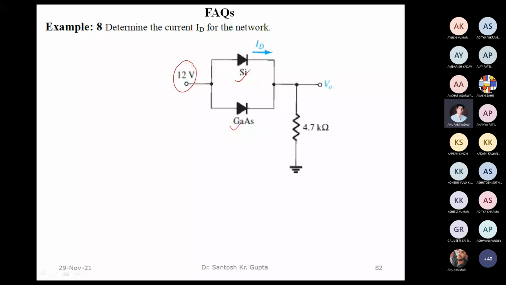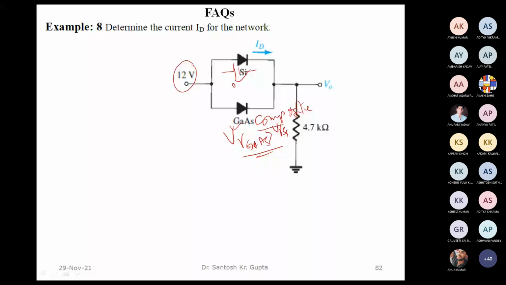Gallium arsenide is a compound semiconductor, and its cutoff voltage, or potential barrier, is greater than that of silicon. So silicon will start conducting first and it will maintain the potential across it at 0.7 volt.